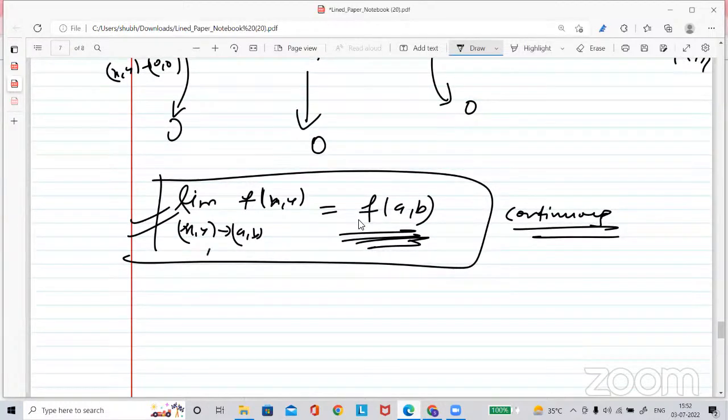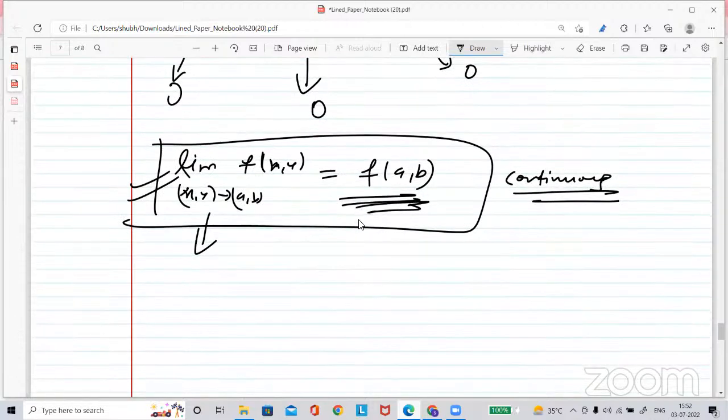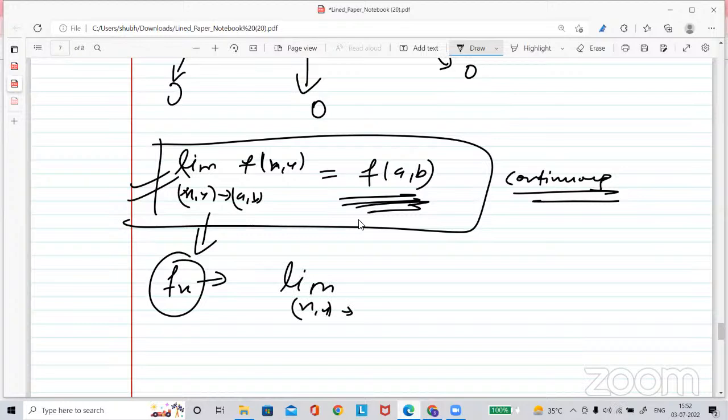The next part is if you talk about whether the partial derivative is continuous or not. Partial derivative means first find the partial derivative. It is going to be some function. So the limit at that point of the partial derivative should be exactly equal to the value of the partial derivative at that point.